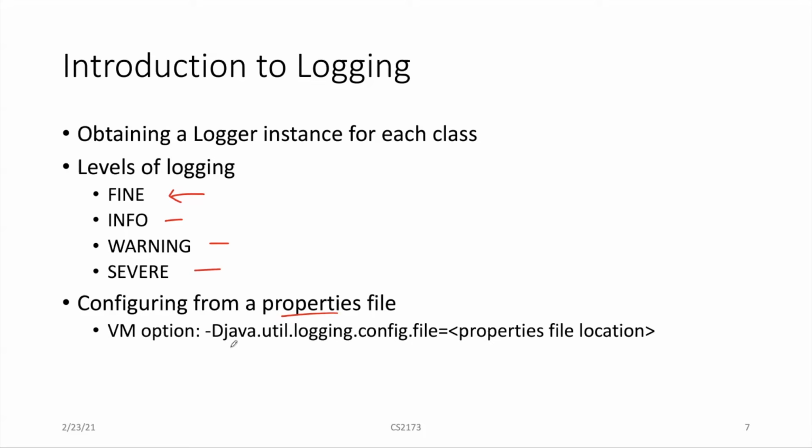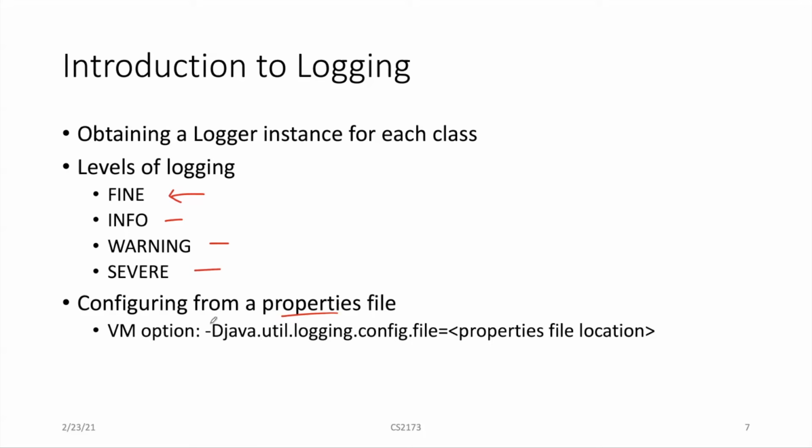There are a couple of ways that we can set this up. We can either load this file directly in the program, or we can give it as a virtual machine option. We haven't dealt with virtual machine options yet, but I will show you how that is.